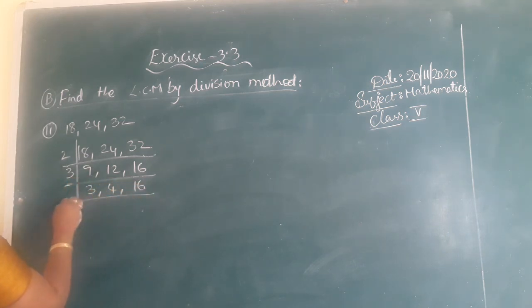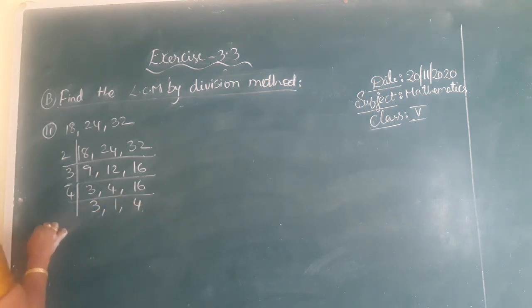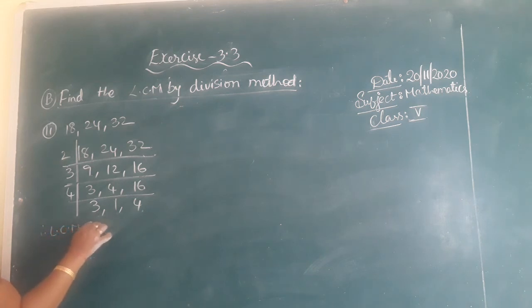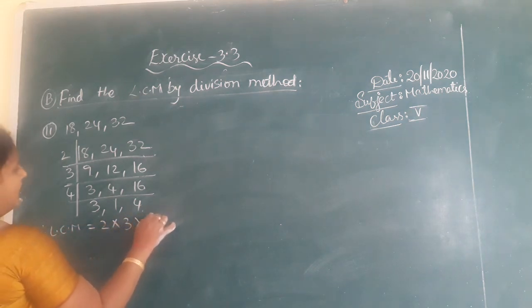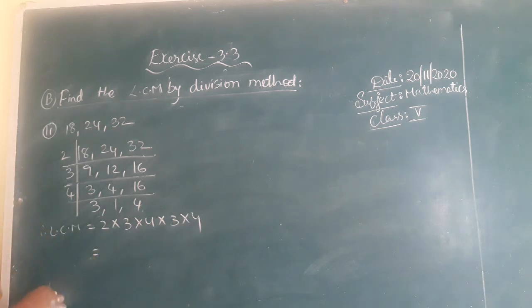Again 16 here. 4 and 16 are divisible in the 4 table. 4 1s, 4 4s. So LCM equals 2 into 3 into 4 into 3 into 4. It's nothing but 144 2s, 288. See the next one.